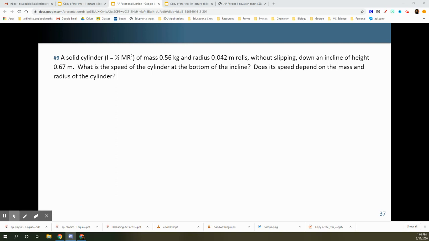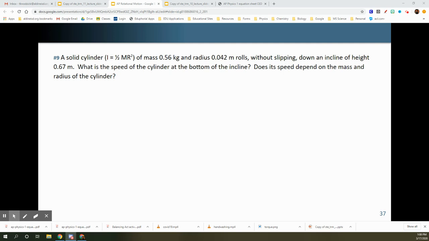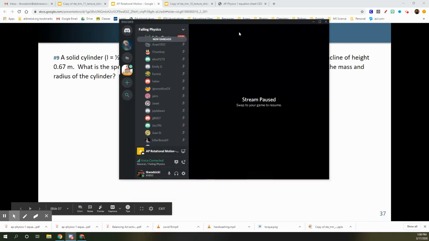What does it mean, swap to your game to resume? Because that's what it's telling me. Yeah, it's popped up in another window. Okay, hold on. Sorry, y'all. I guess I'm a boomer because I don't know this new technology stuff.